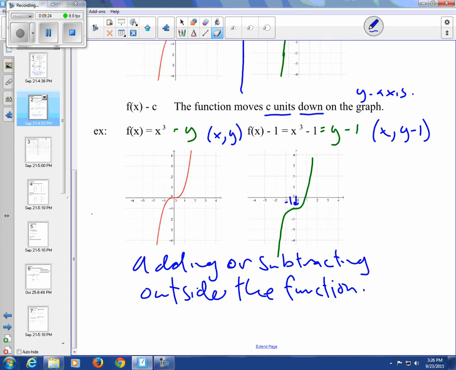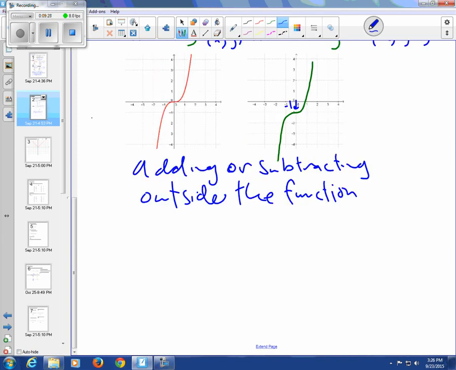Oh, I need a period. And that's directly to the equation, is a vertical shift, I'm going to abbreviate, vert shift, in the same direction.